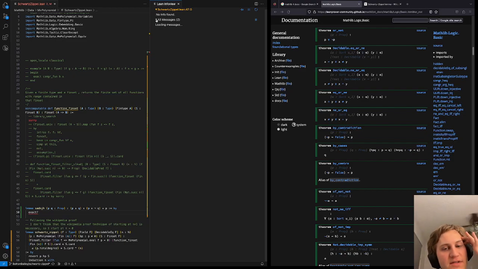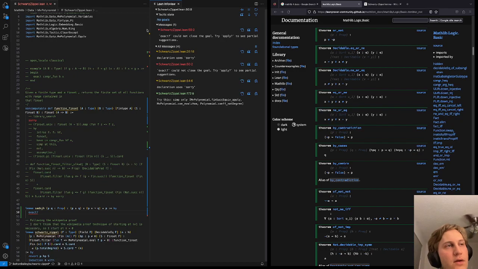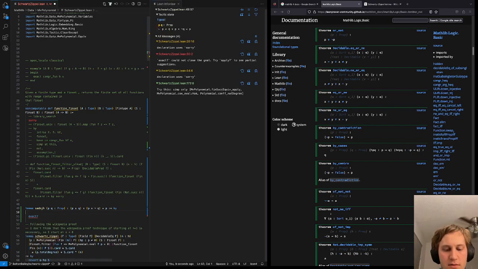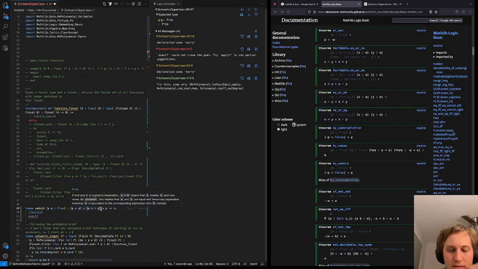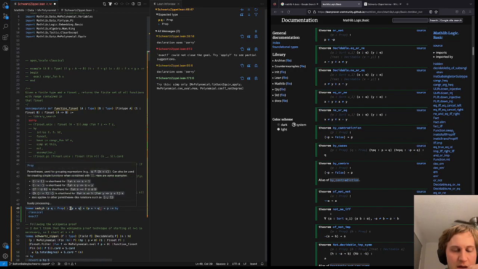Can I use some classical reasoning or what? It could not close the classical. I'm also worried that maybe this is what's getting it down.